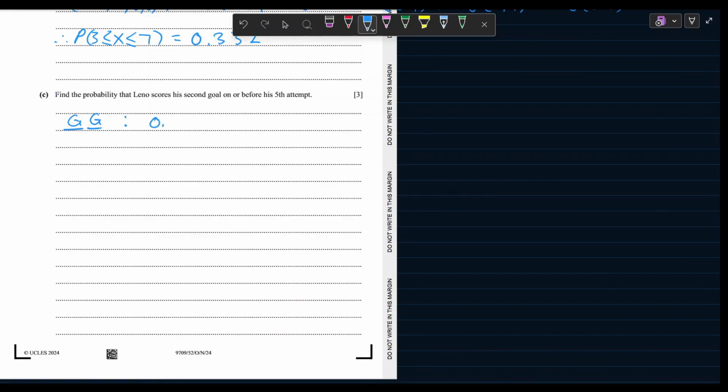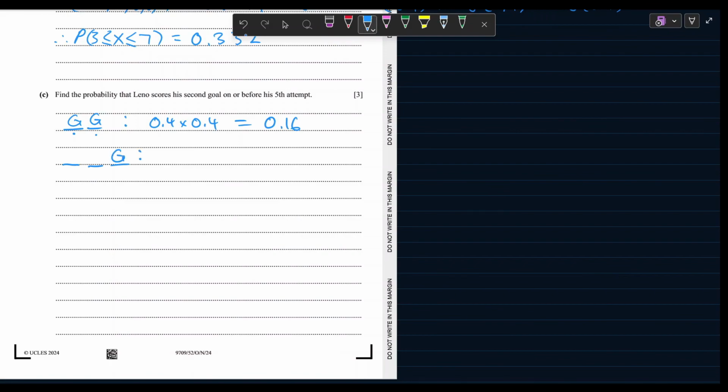So that's going to be 0.4 times 0.4, because that means he scored his first goal on the first attempt and then his second goal on the second attempt. So that gives us 0.4 squared, 0.16.